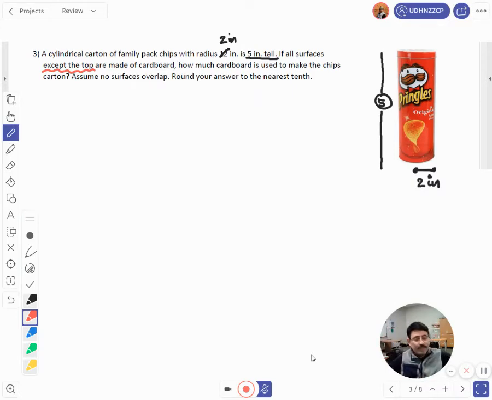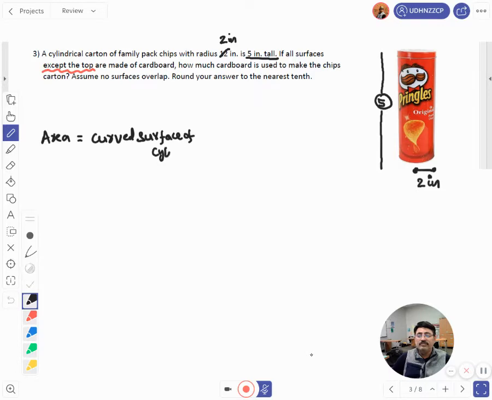So let me write that first: area to be computed equals curved surface area of a cylinder plus area of base.